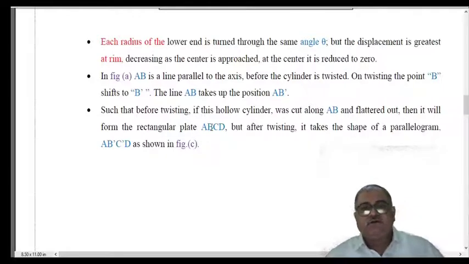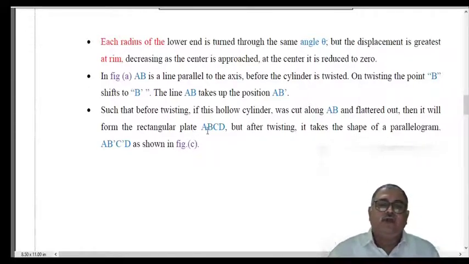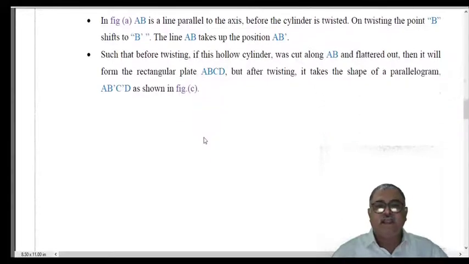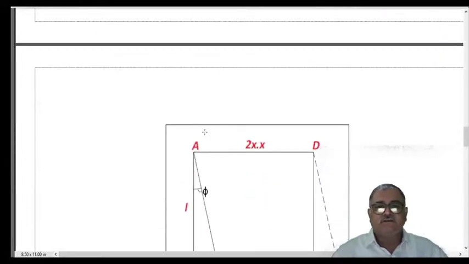See, if we consider any such hollow cylinder, and we cut it along the axis AB and flatten it out, then it will form the rectangular plate ABCD. But after twisting, it takes the shape of parallelogram A, B dash, C dash and D as shown in the figure. See here, here is the figure.